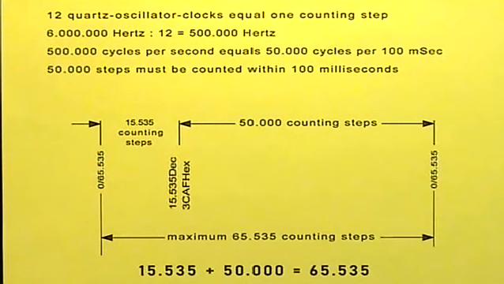For this reason, the timer T0 counter is loaded with the value 15,535 immediately after an interrupt, and thus skips 15,535 counting steps in one fell swoop.